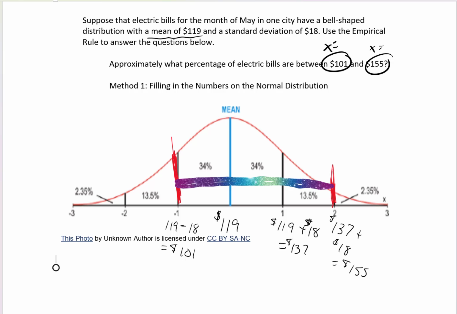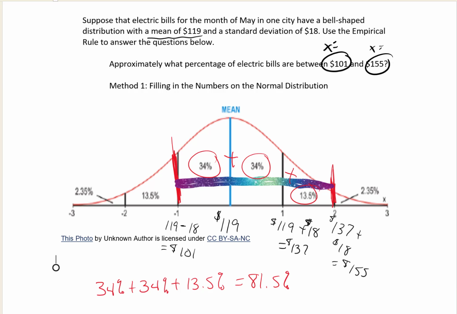My final percentage is 34% plus 34% plus 13.5%, and so there's approximately 81.5% of our data values for electric bills between $101 and $155. So that's the first method.